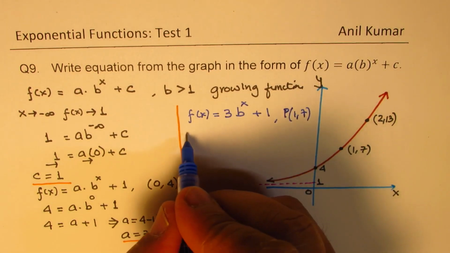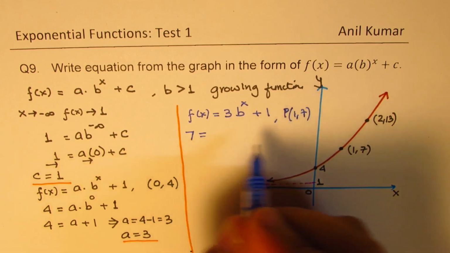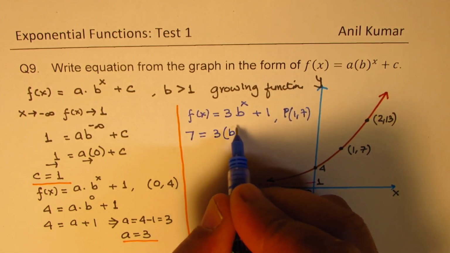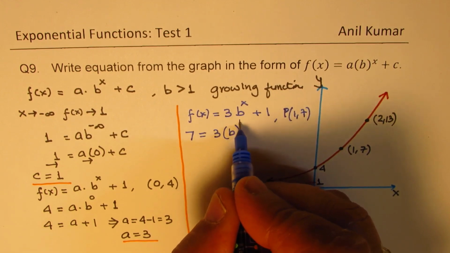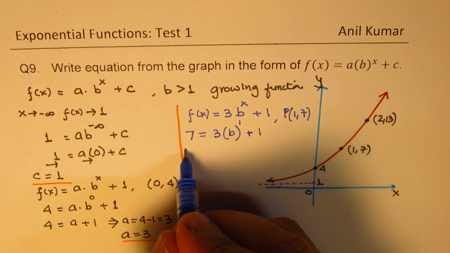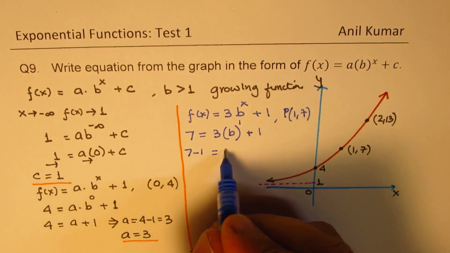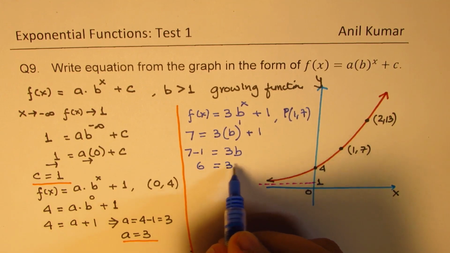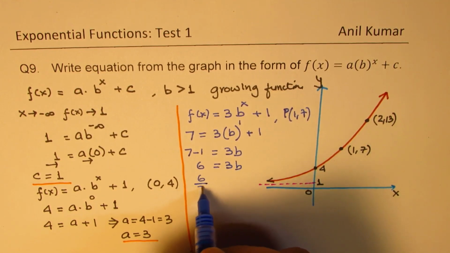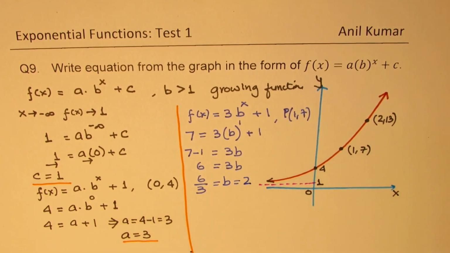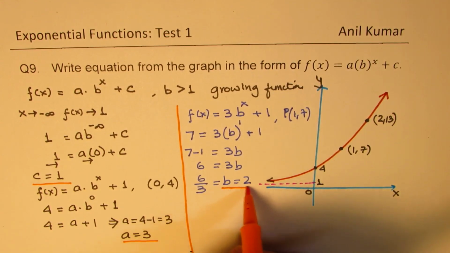In that case, 7 is the f of x, and we'll substitute 1 for x in 3 times b. Anything to the power of 1 is the number itself. So we can rearrange. We get 7 minus 1 equals 3b. So 6 equals 3b. Dividing by 3, we get the value of b, which is 2. Right? So we get the value of b as 2.